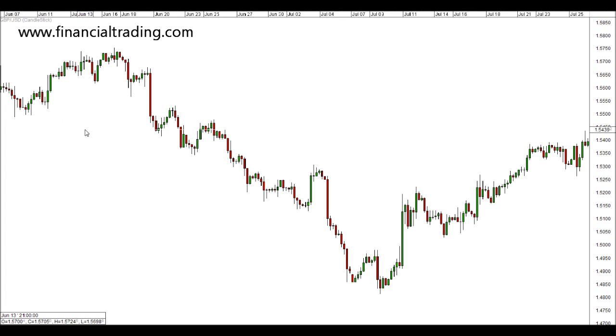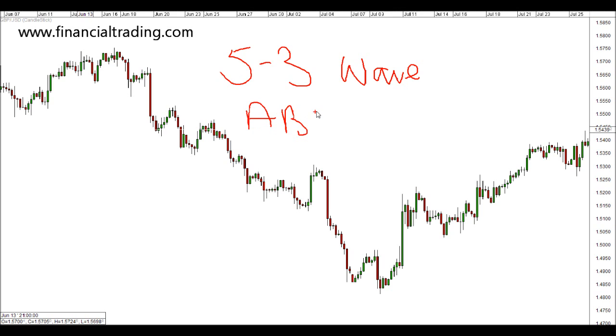Now there are two parts to the theory that I'll be looking at in this video and the next video. The first is the 5-3 wave pattern, and the second is the ABC correction.